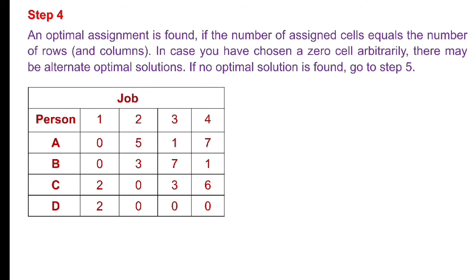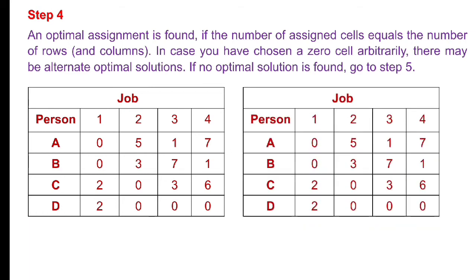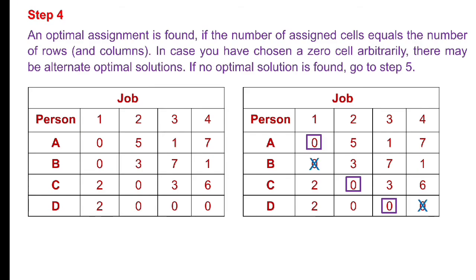Each row or column needs one assigned 0. The first row has only one 0, so I assign it. Then the first column is assigned, and then the third one, and the remaining zeros are cancelled, because a row and a column are already assigned. We have to follow this format.